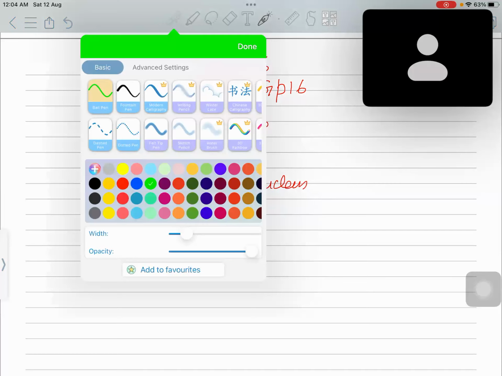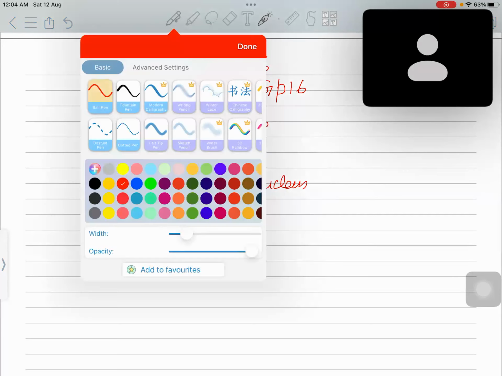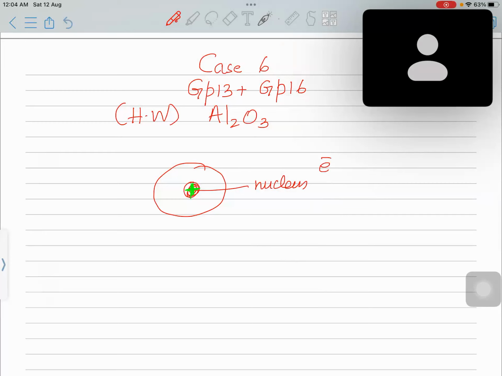This oxygen is positively charged because of the nucleus. This is the upcoming electron. This upcoming electron is attracted by the nucleus. When they attract the electron, energy is released. That's why it is exothermic. Are you getting my point?